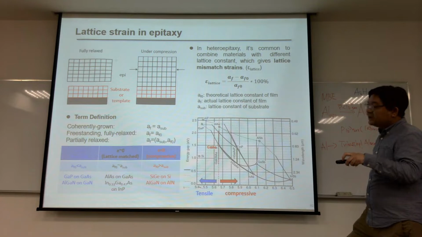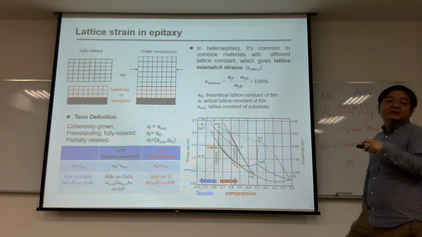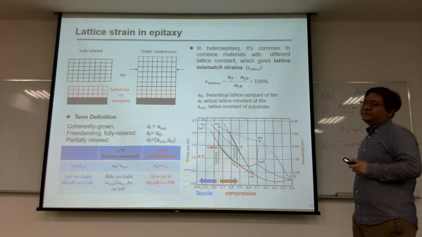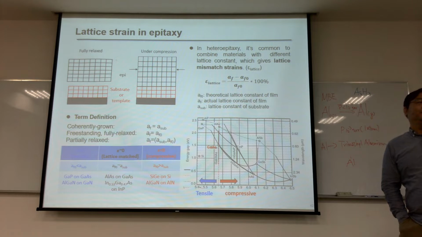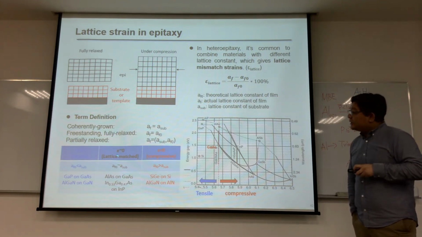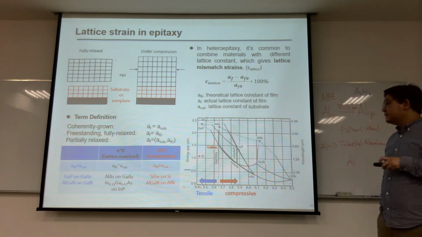Then we call it tensile, which is tensile stress, and this is compressive, which is compressive stress. And the best scenario is if these two materials have the same lattice constant. Then we call it strain-free, or lattice-matched. A good example is aluminum arsenide on gallium arsenide.